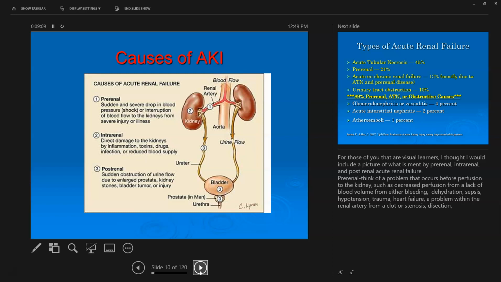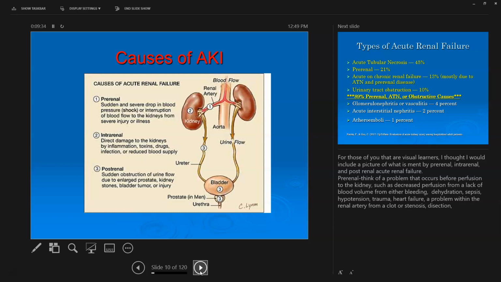Some of these other things aren't quite as common. The other things that we have are acute interstitial nephritis, which is most commonly caused by medications, specifically antibiotics or PPIs.